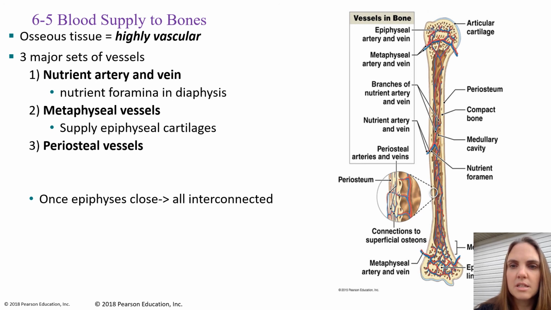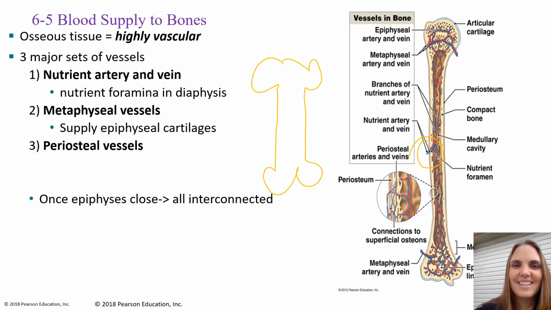and you can see it here. You can actually sometimes visualize the nutrient foramina on an x-ray. You might take an x-ray of a bone. My very poor drawing skills.